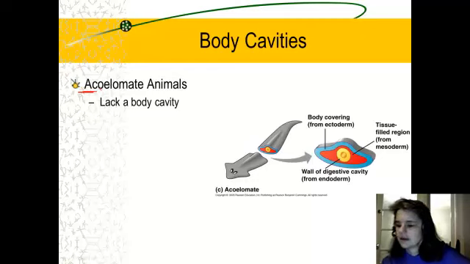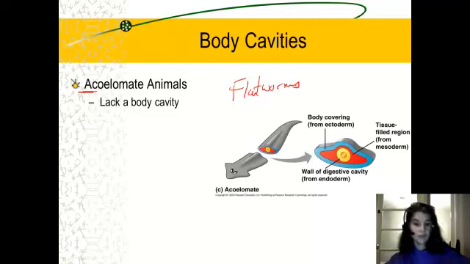I want you to think flatworms, though there are others, but this is a great example of one. This is a poor little planarian flatworm that has been cut in half. These are guys you might have seen in your first year of biology. They're like 2 centimeters long.